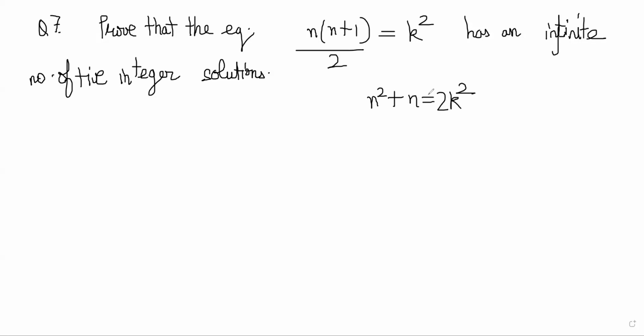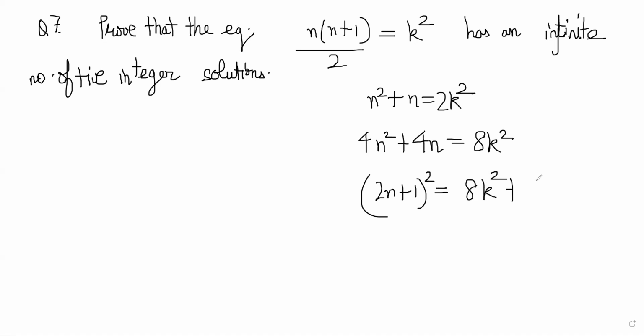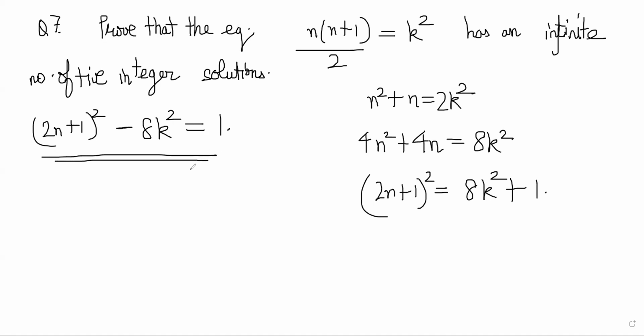And if I multiply by 4, you'll get 4n square plus 4n is equal to 8k square. And I just need a plus 1 here. I'll say 2n plus 1 square should be equal to 8k square plus 1, right? Now I can rewrite this like this: 2n plus 1 square minus 8k square is equal to 1, right? Now think about it.